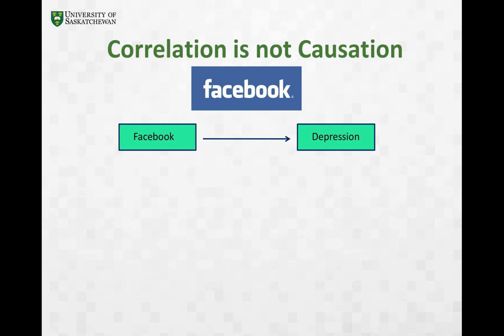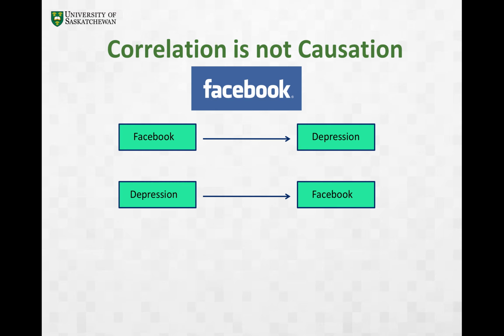If we look at that simple relationship, we could say, okay, it looks like Facebook use might cause depression. But does it? We could also say, what if depression causes high levels of Facebook use? We don't know which one comes first. Is it depression or the Facebook use?